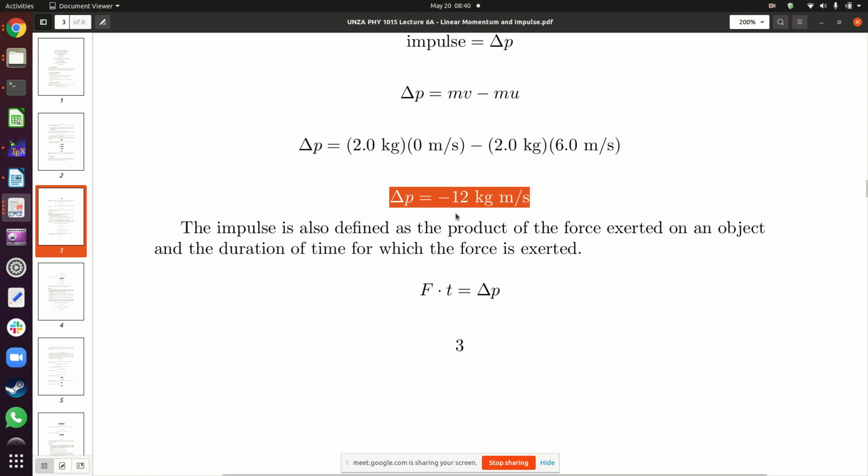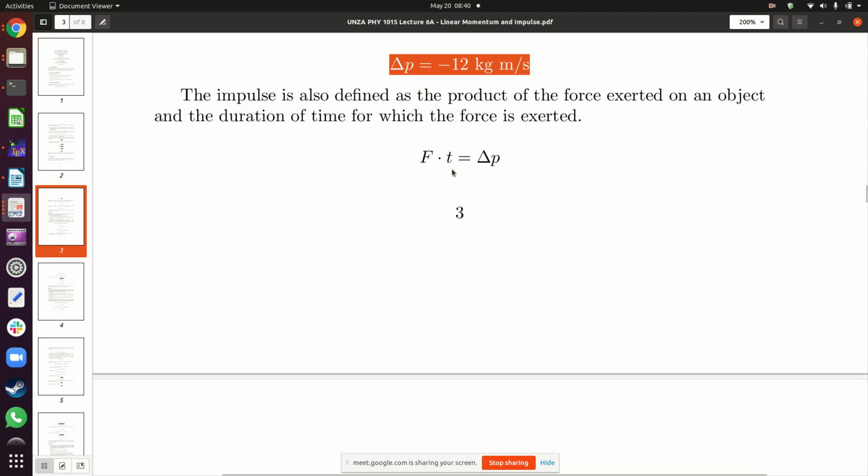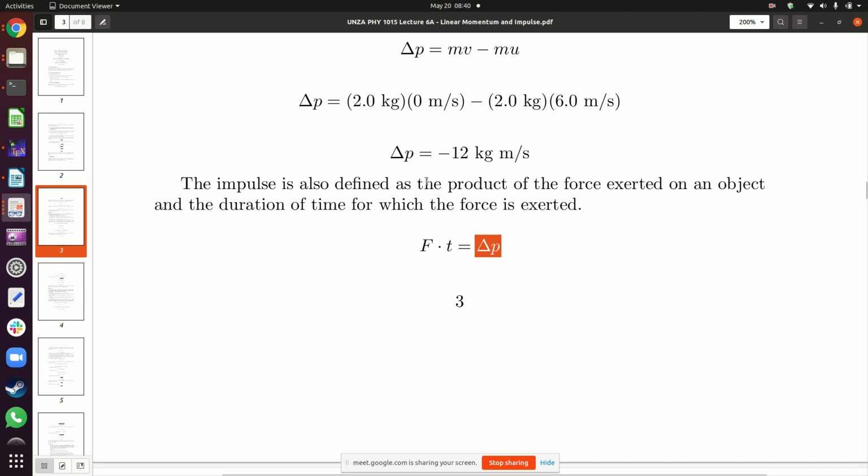Now we also know that impulse is equal to the force causing the acceleration multiplied by the time the force is present for. This is equal to the change in linear momentum, which is minus 12 kg meters per second.